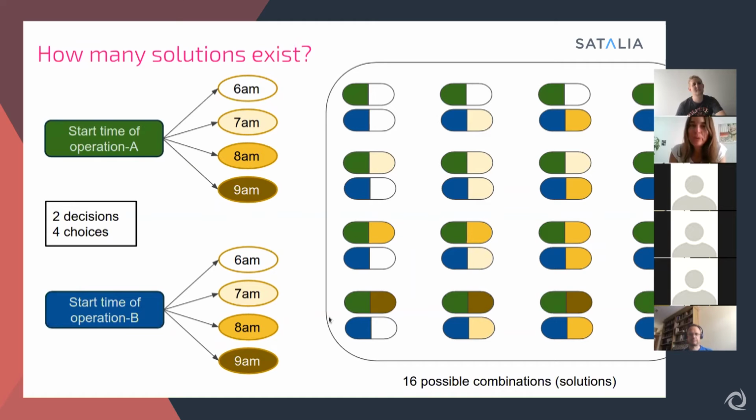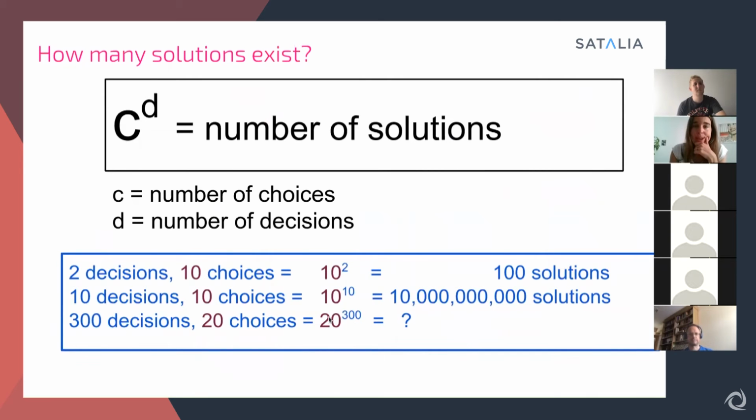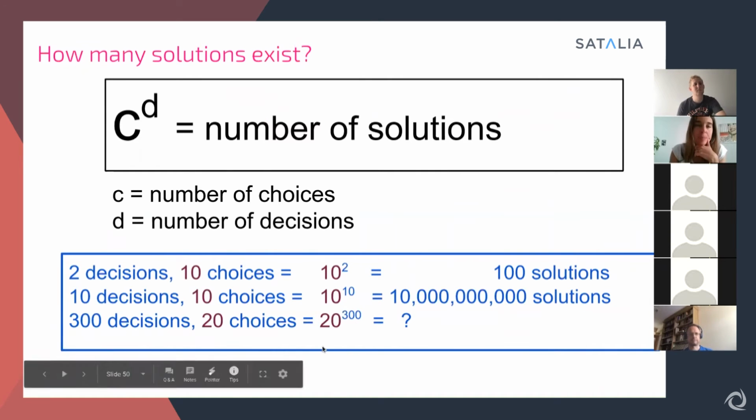If we look at the actual formula for this, the number of solutions is determined by the number of choices to the power of the number of decisions. This is what we call exponential growth. If we look at some examples, you can see that this very quickly gets out of bounds.